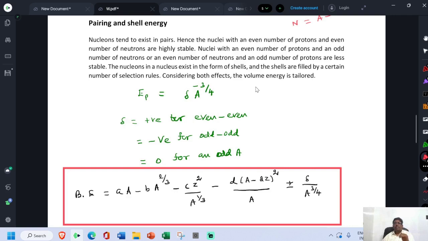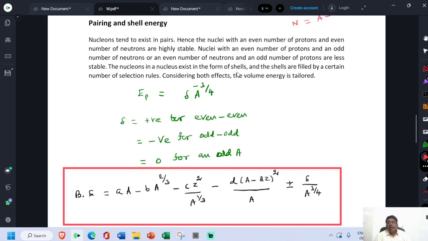Nuclei with an even number of protons and an odd number of neutrons, or an even number of neutrons and an odd number of protons, are less stable. Even-even stable, odd-even or even-odd less stable, odd-odd unstable.